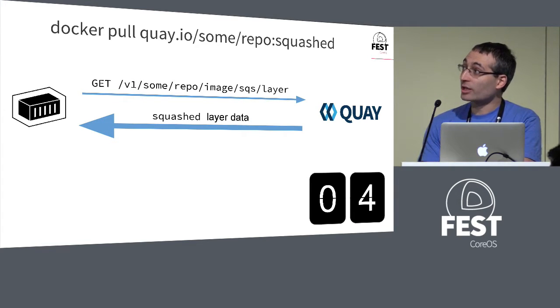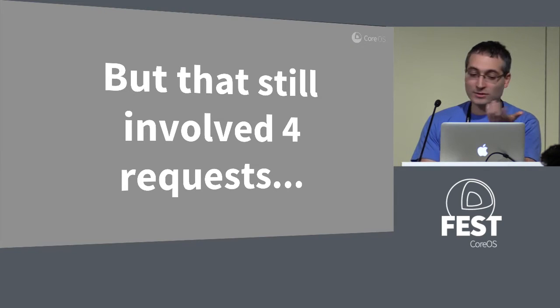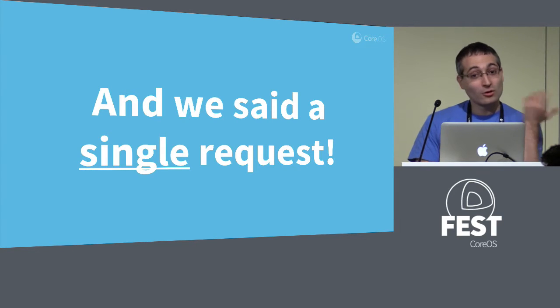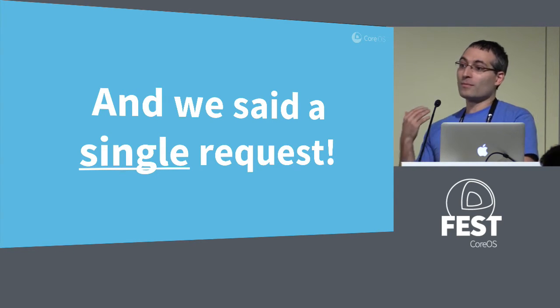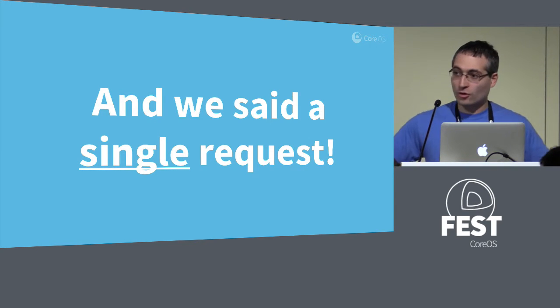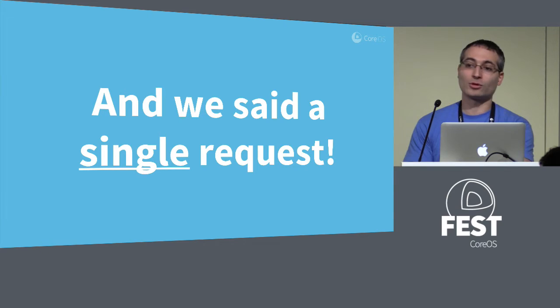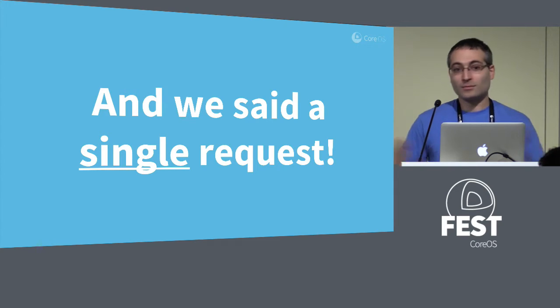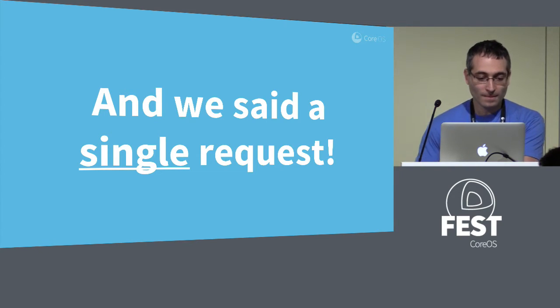And finally, the squashed layer data. Also a big, fat arrow of blob data, but it's necessary. And this is, of course, 4 requests, but we set a single request. And we want to minimize the number of HTTP round trips because, again, we're pulling across an ocean. Or even worse, let's say we were pulling from Asia or Australia, could be an ocean or 2.